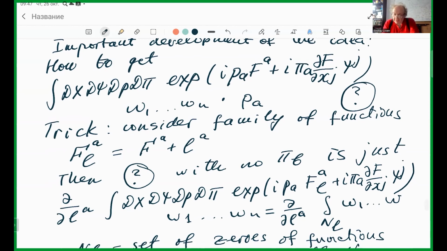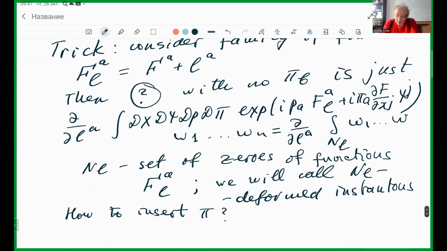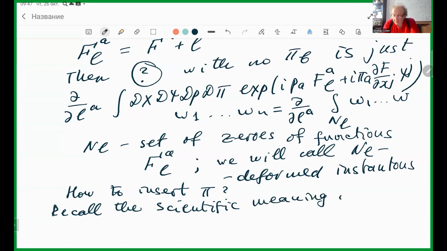To do this, I need to recall the geometric meaning of p plus pi.